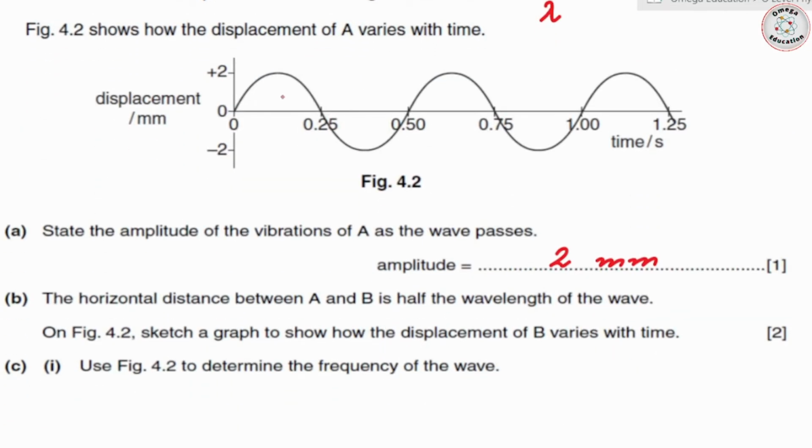So this is the graph for the cork A. And for the cork B, which is half the wavelength apart, it would be exactly the opposite thing going on. So first I can draw some of the reference points through which I'll be passing my wave. So that'll be something like this.